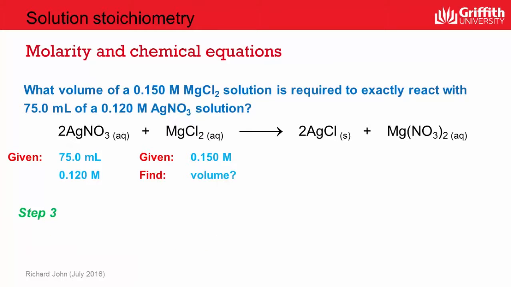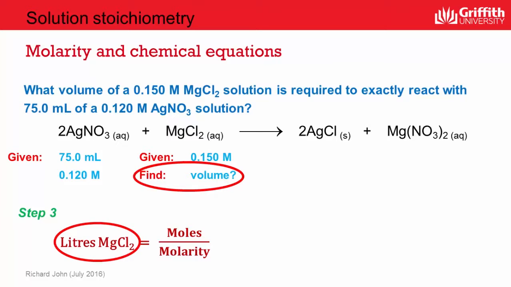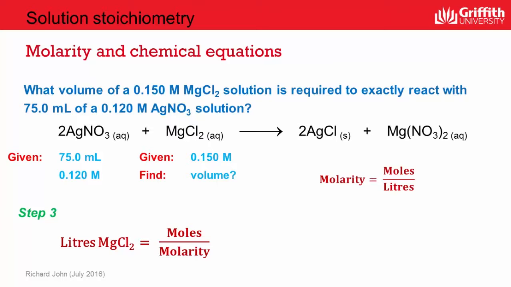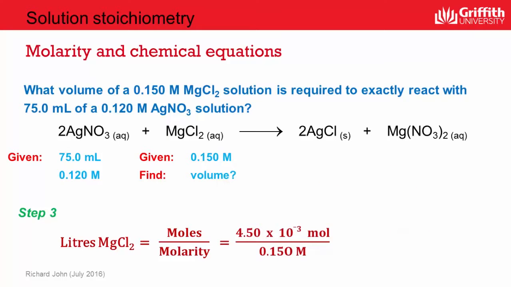So finally in step 3, we want to calculate the volume of magnesium chloride. So how many litres of magnesium chloride? Litres equals moles over molarity. We're being asked to find the volume, and you'll recall that the molarity expression, molarity equals moles over litres, so we can make the volume or litres the subject of that equation by saying that litres equals moles over molarity, and that's the expression we're using here.